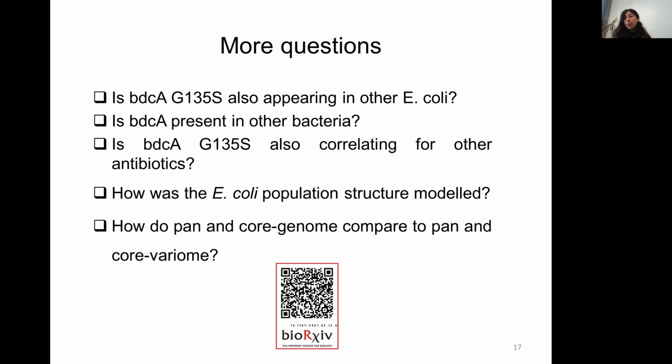Also, as bioinformatics is a general approach, did we also observe the variant in bdcA correlate to other antibiotics other than quinolones? How was the population structure modeled? How do pan and core genome compare to pan and core variome? And so on. Thank you.